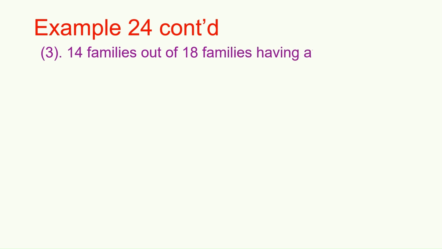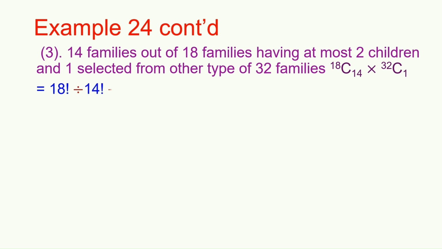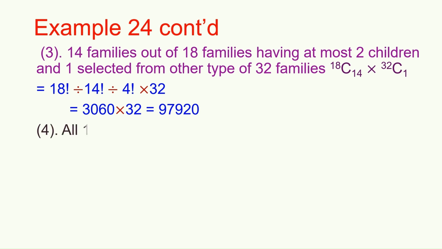In the third scenario, 14 families out of 18 families having at most 2 children and 1 family selected from the other type of 32 families. 18C14 times 32C1 equals factorial 18 divided by factorial 14 divided by factorial 4, times 32, equals 3060 times 32 equals 97,920.